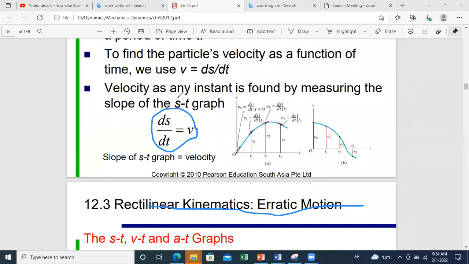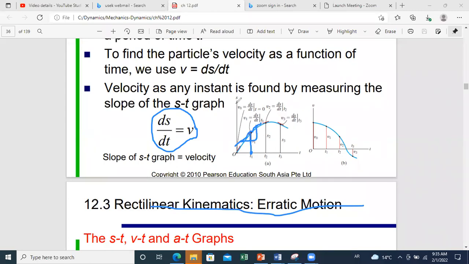Graphically, this means that I can, at any time t, draw the tangent line to the graph, and the slope of this line will represent the velocity. Because mathematically, if I have a function and I draw the tangent at a certain point, the slope of this line is equal to the derivative of the function.